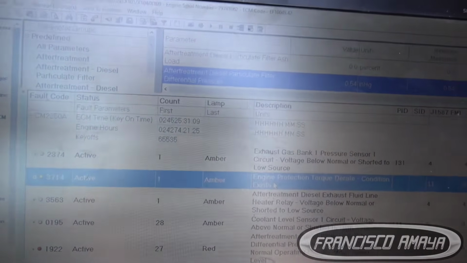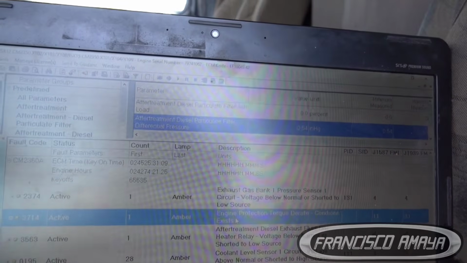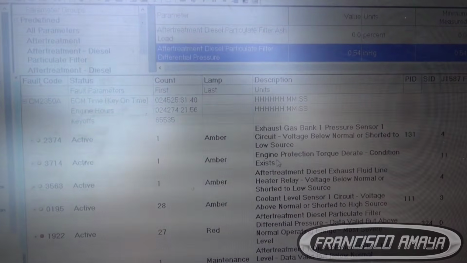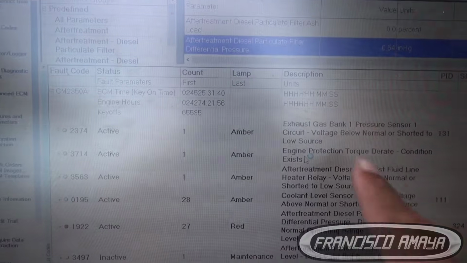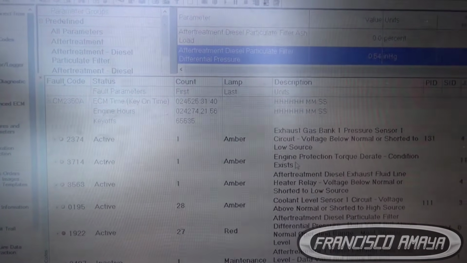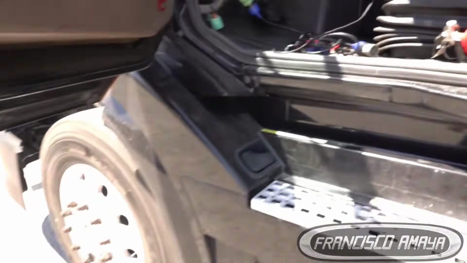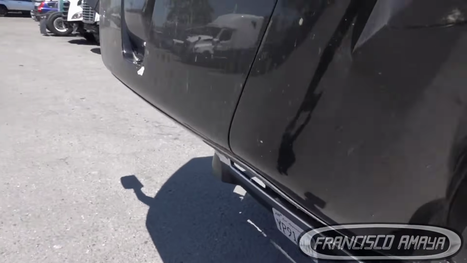So for that, we are going to identify, give me a second. First we want to identify the location of the sensors, specifically the exhaust pressure sensor and the after treatment diesel particulate filter differential pressure sensor.